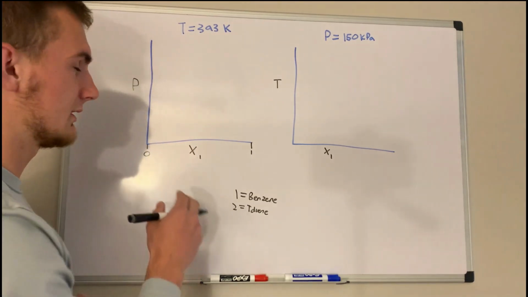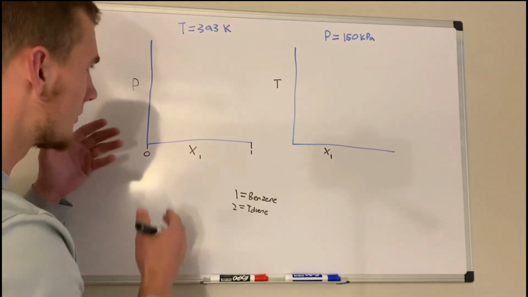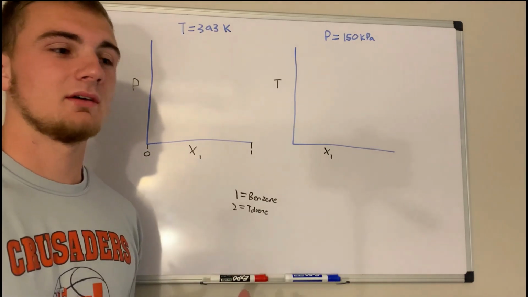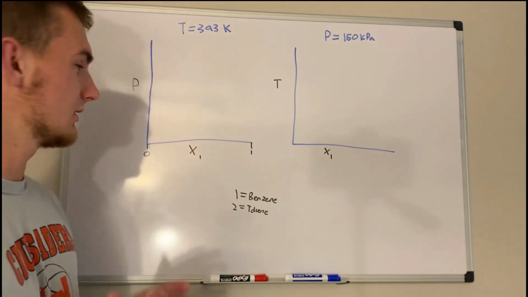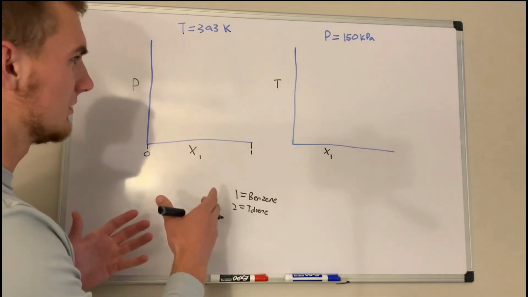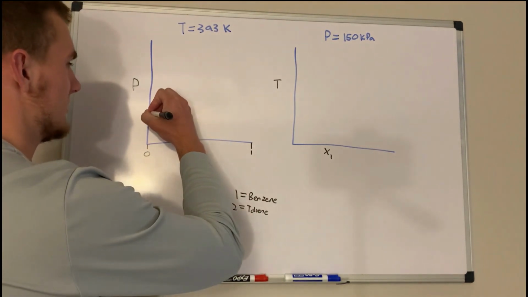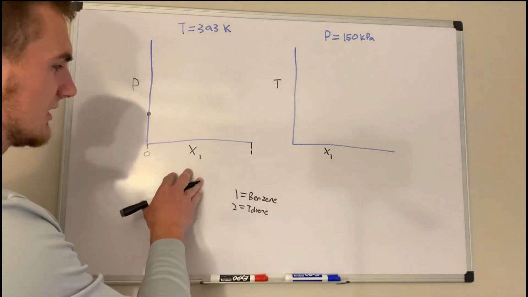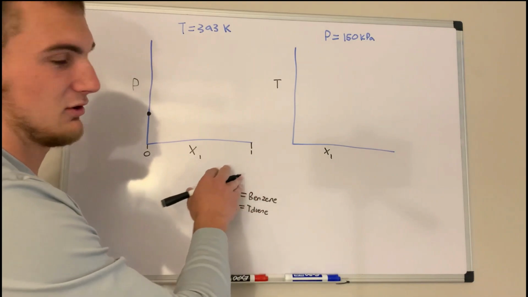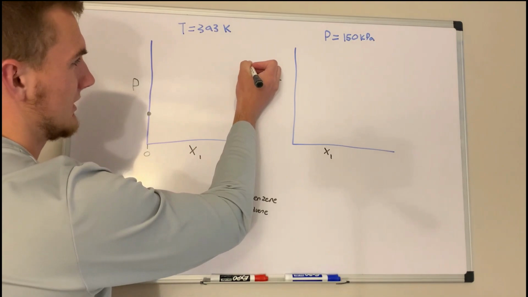and it's all toluene, what is the vapor pressure going to be? Well, we can't give an exact number right now. When we actually plot this in Python, we will get an exact number. But just looking at it generically, we can say that we'll have a point here, and let's say we have x1 at 1, so we have pure benzene and no toluene present.